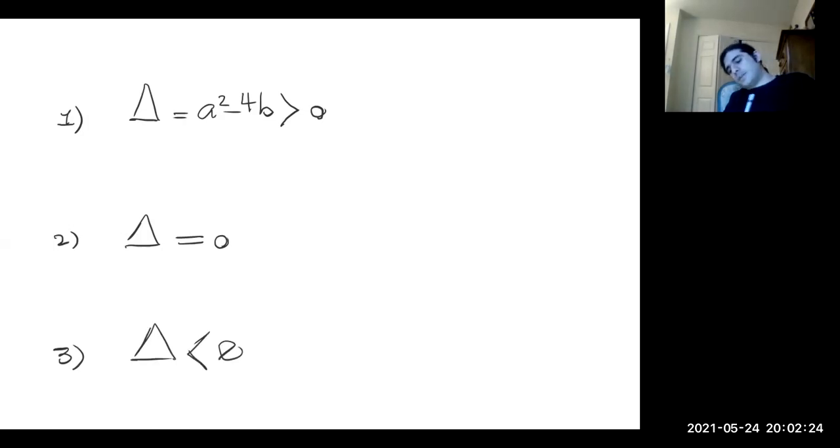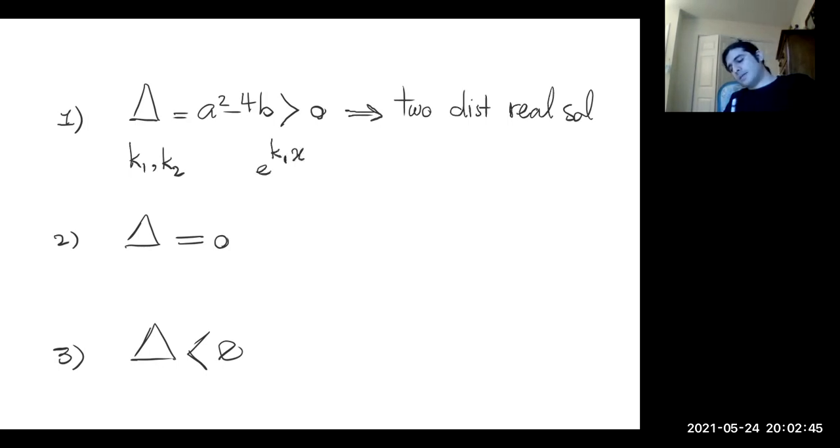If it's positive, it means we can solve that equation and we would get two distinct real solutions. Let's call them k1 and k2. And as I told you, e to the kx is a solution. So here I would have y1 equals e to the k1x, and y2 would be e to the k2x.